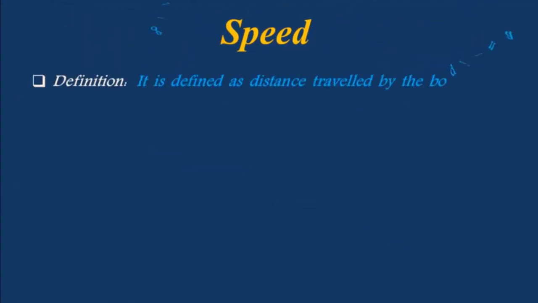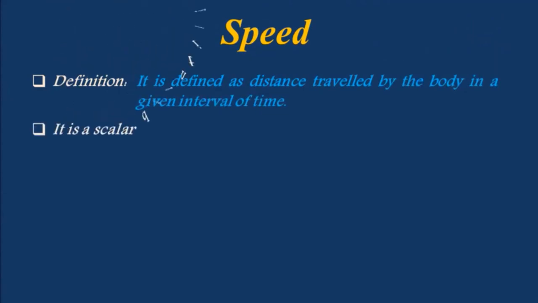Speed is defined as the distance travelled by the body in a given interval of time. It is a scalar quantity because there is no direction.